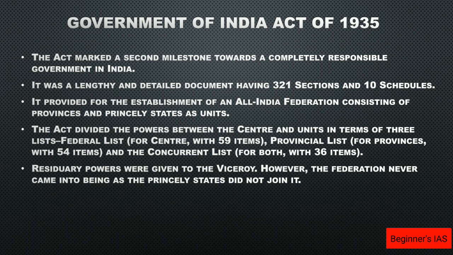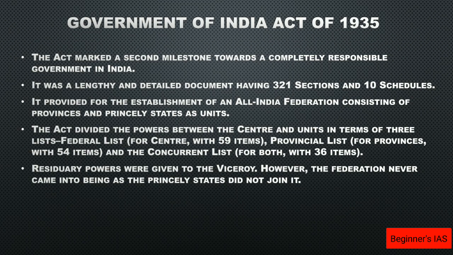And also, this act is famous. Why? It abolished diarchy, which was introduced in the Act of 1919. Here it abolished diarchy in the provinces and introduced provincial autonomy. This is important. Note down provincial autonomy.